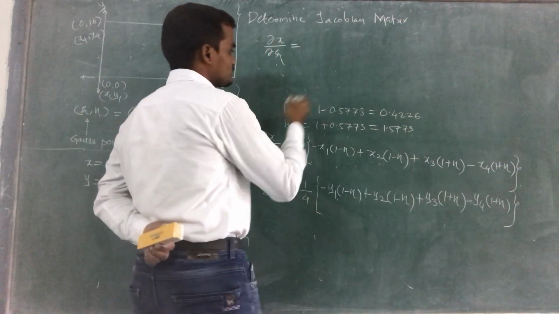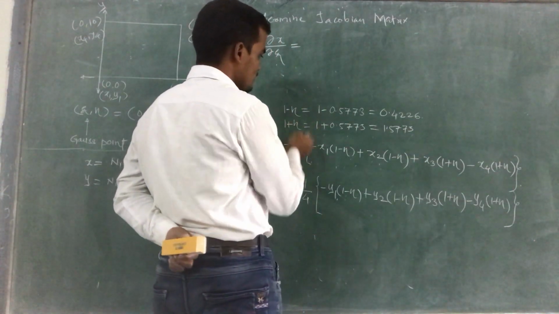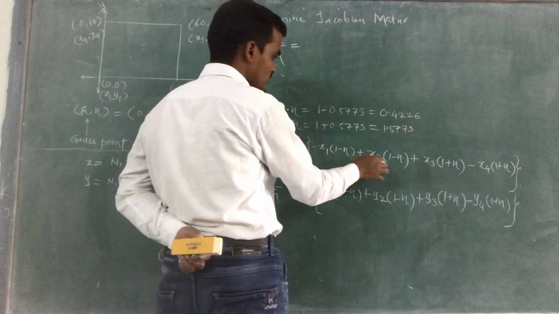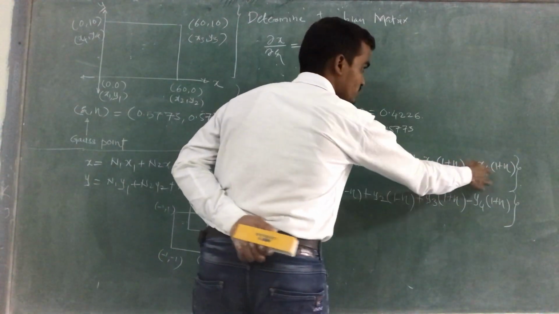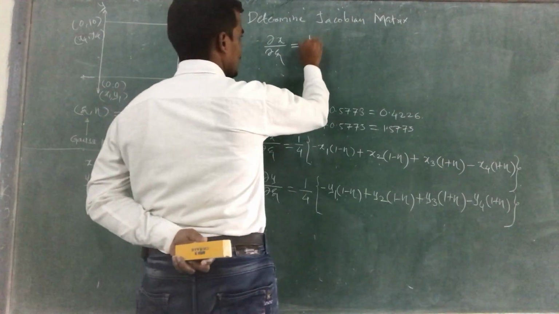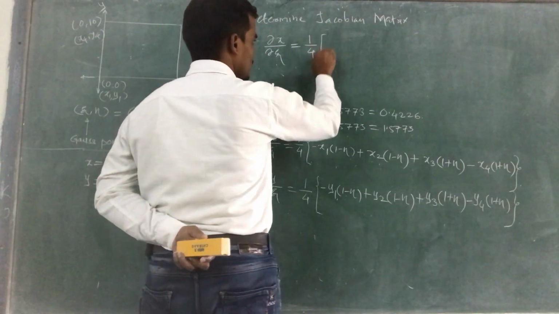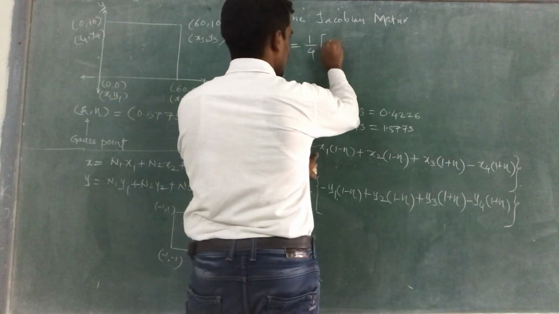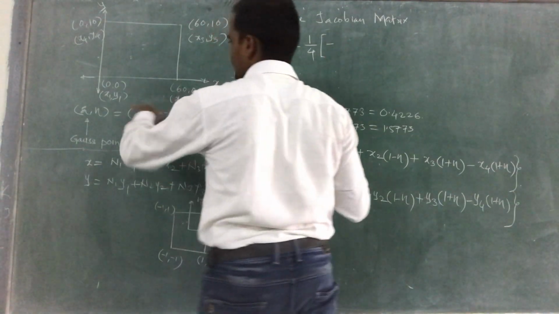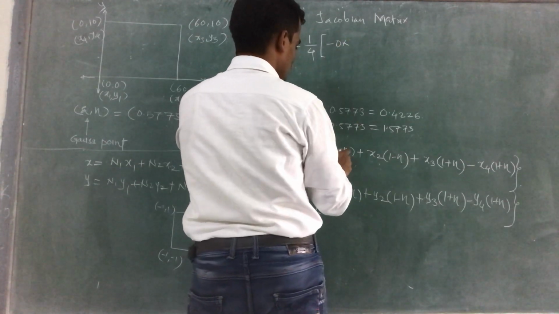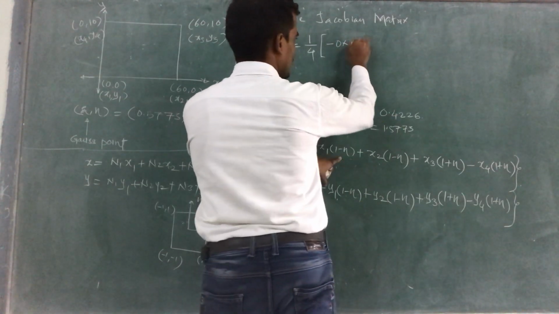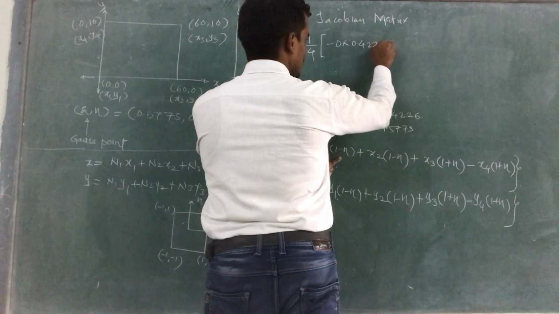So finally, if we put the (1 − η) and (1 + η) values into this equation, and also put the x1, x2, x3 and x4 values, then we will get 1/4 into minus x1. x1 is 0, so 0 into (1 − η), which is 0.4226.